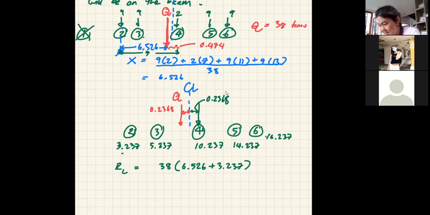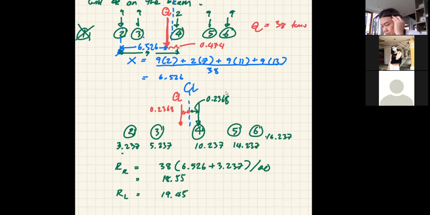Sorry, my bad again. Yeah, on the right, it's kind of easier. Divide by 20. So that would give us 18.55. Reaction on the left will be just opposite of this. Or you can just use sigma Fy if you're sure you're correct. 19.45.